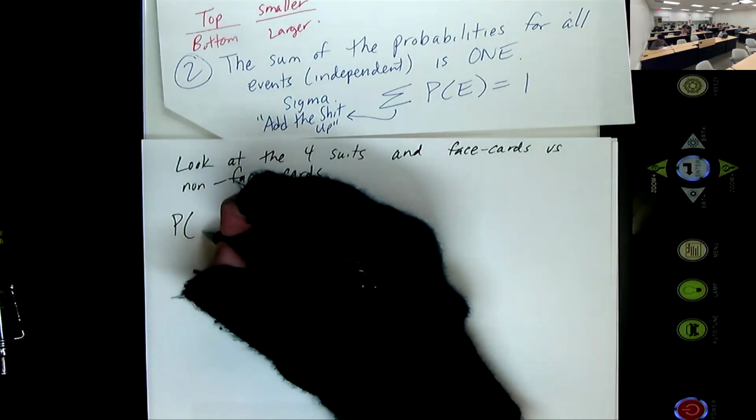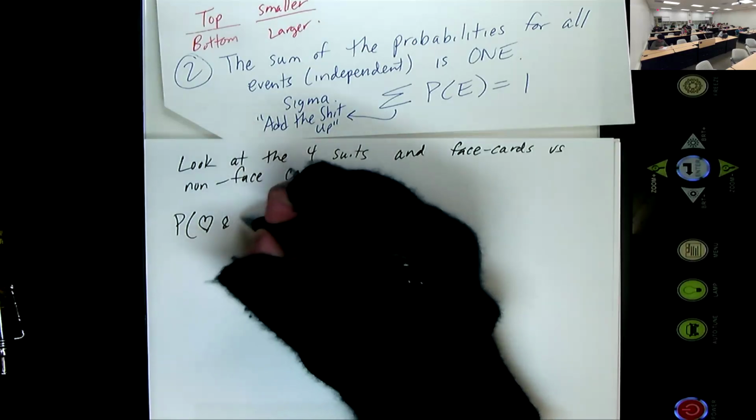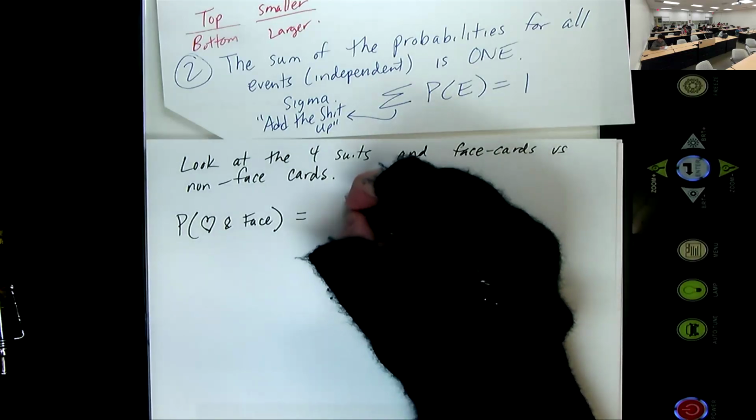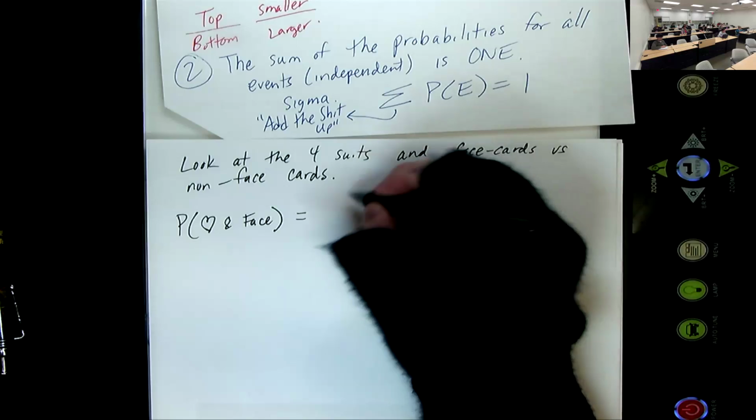So the probability of a heart and a face card: there are the Jack of Hearts, the Queen of Hearts, the King of Hearts.